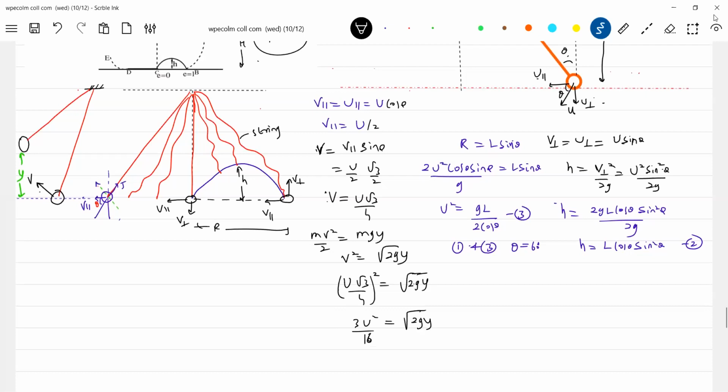Sir, V is V parallel cos theta, sir. V parallel sine theta. This is theta, no? Okay, after striking, that will be 90 minus theta. Before striking, this is theta.